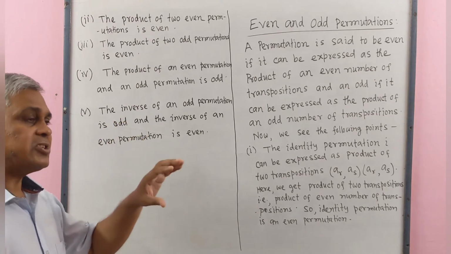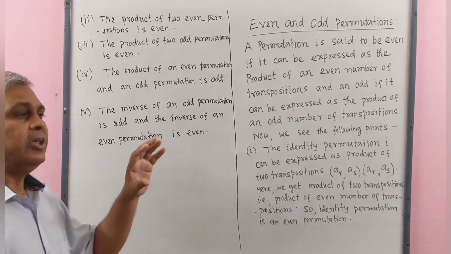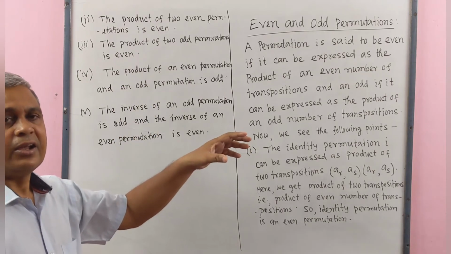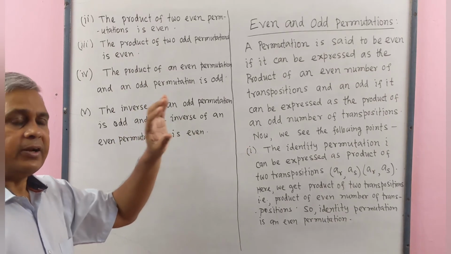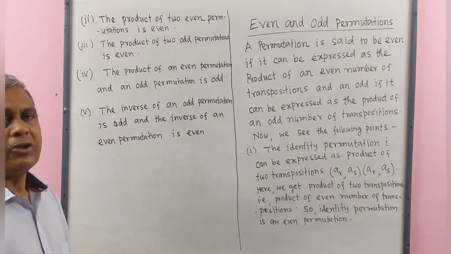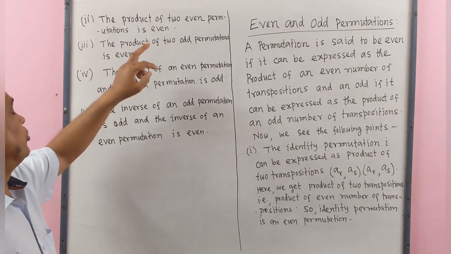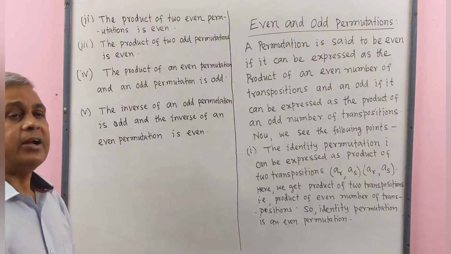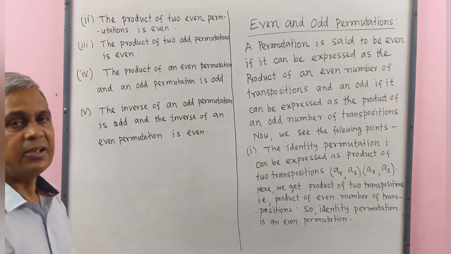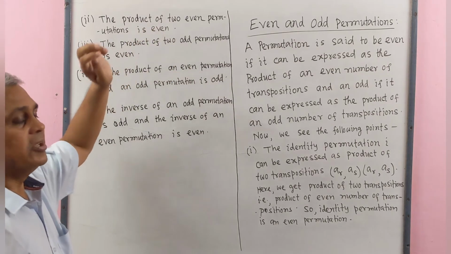So the first even permutation has an even number of transpositions, and the second even permutation contains an even number of transpositions. Therefore, altogether the product of two even permutations contains an even number of transpositions. So the product of two even permutations is even.